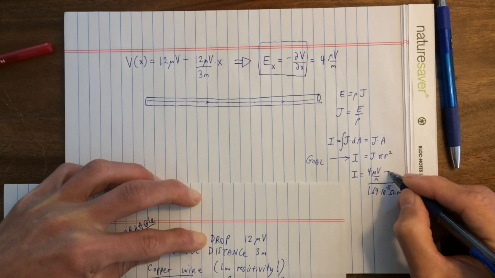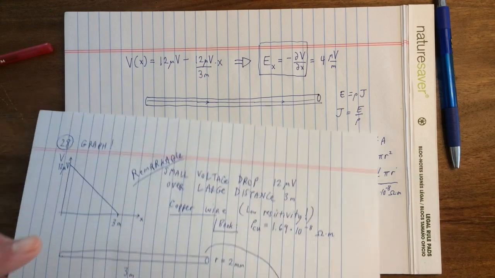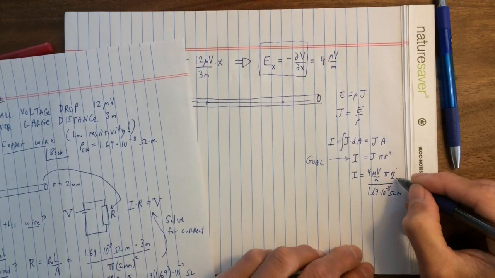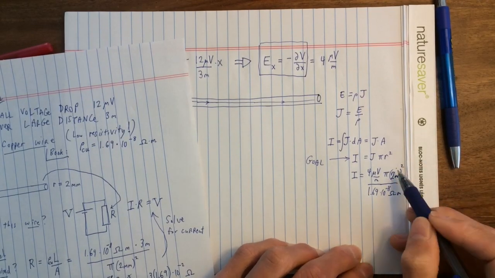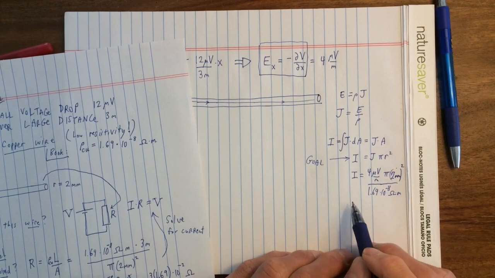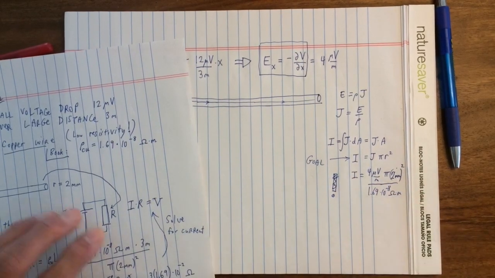And then I multiply by pi times, so the wire was a 2 millimeter radius wire. So I can do 2 millimeters squared. And I've got numbers and units for all of this stuff, and you're going to be able to get a current. So this was a different way to do this problem.